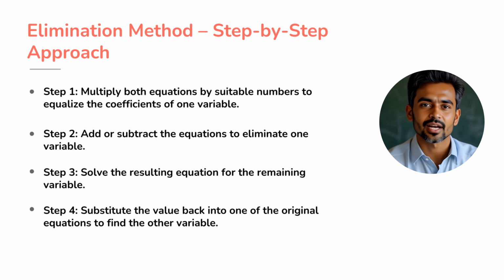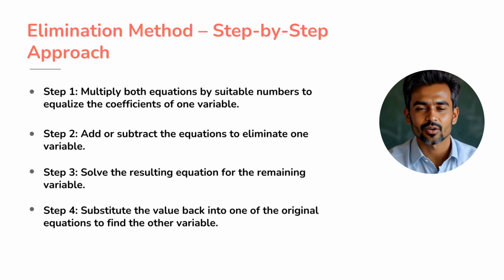Now, let's look at another algebraic method, the elimination method, which is often more convenient when the coefficients of one variable are easily manipulated. Here's how it works. Step 1. Multiply both equations by suitable numbers so that the coefficients of one variable, either x or y, are the same. Step 2.